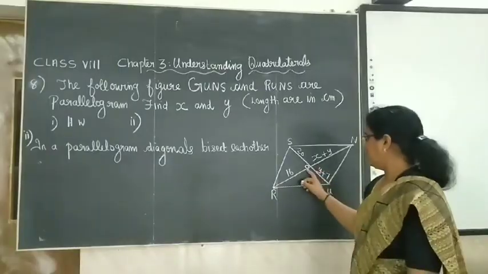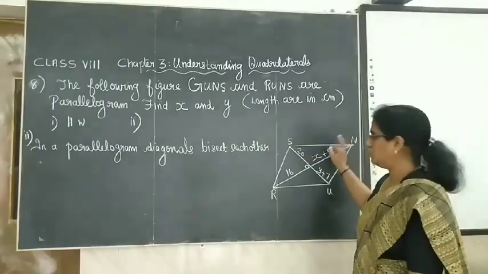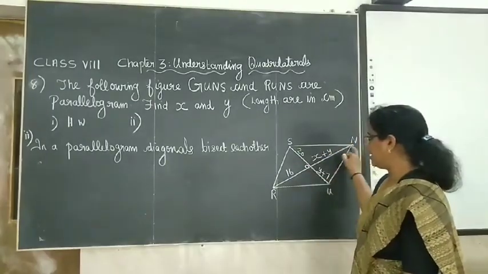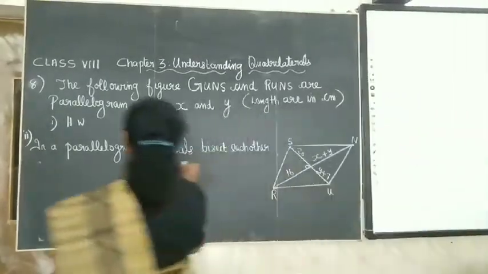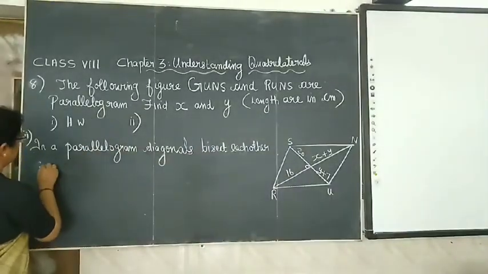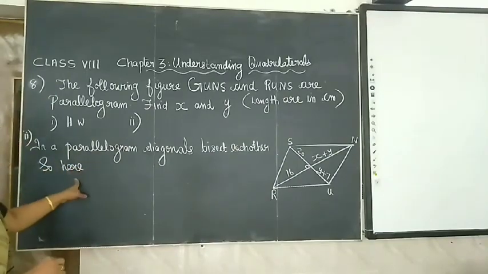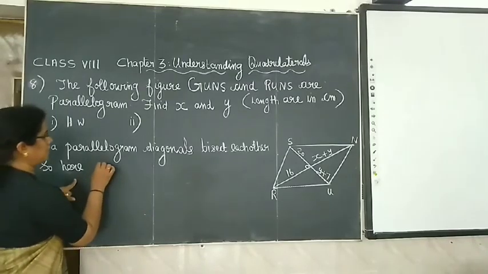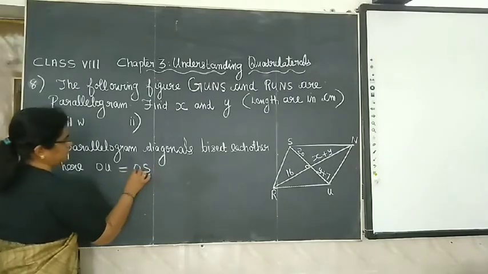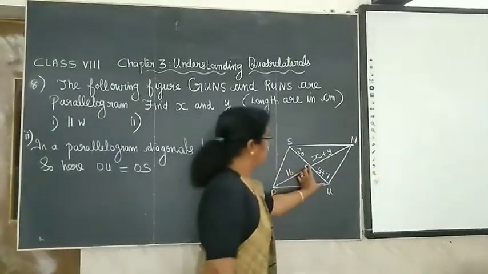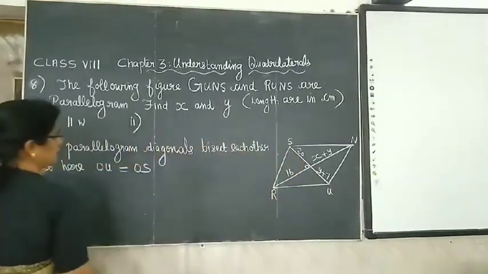So from here we can write OR equal to ON, because this diagonal divides the second diagonal, that is RN, into two equal parts. So we can write OU equal to OS. That is, these two parts OU and OS will be equal.